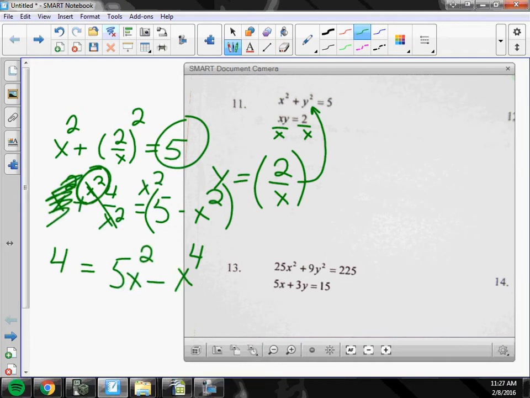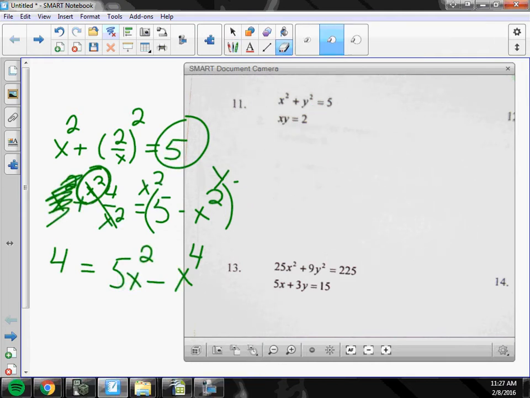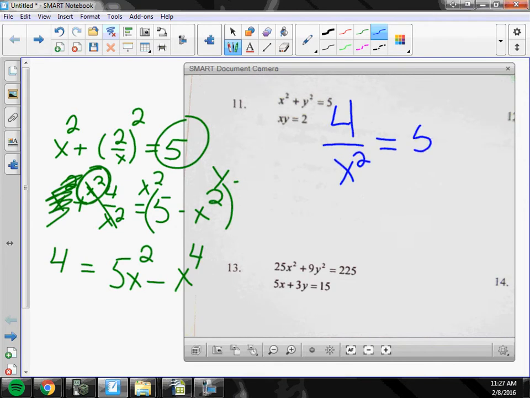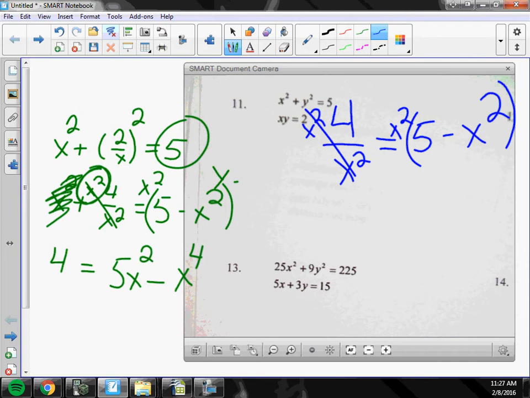So let me write that out one more time. So we have 4 over x squared equals 5 minus x squared. So I times by x squared, that cancels, and I times this by x squared. Whatever you multiply on one side, you multiply exactly the same thing on the other side. So I get 4 equals 5x squared minus x to the 4th.